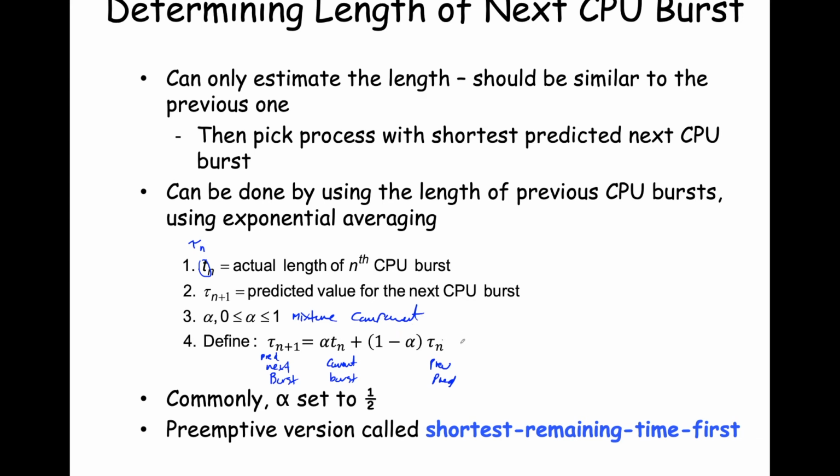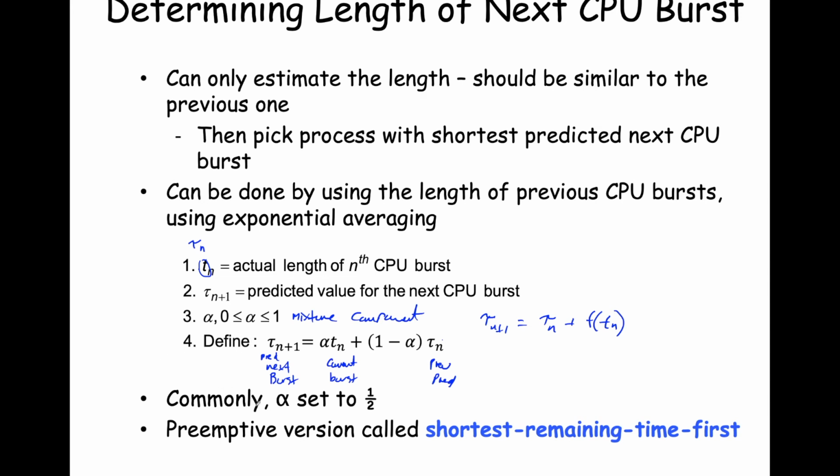You can think of it that the next prediction, tau n plus 1, is equal to the previous prediction, tau n, plus some amount, some function over the measurement at time step n. And the next burst time, because when you run a program over multiple bursts, it's not going to vary too much from one burst to the next. So this is a good estimate to make.